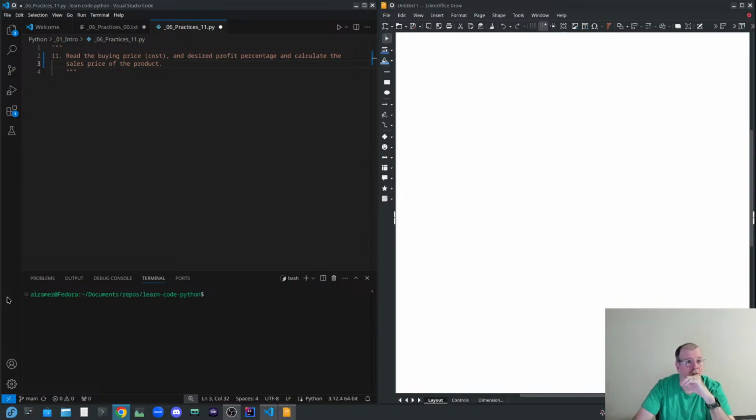Usually it's way more complicated than just this, but this is part of the calculation. So we buy a product, we spend some money, that will be the cost. We define what percentage of profit we want to take, 10, 20, 30, 50%, and we calculate the sales price.